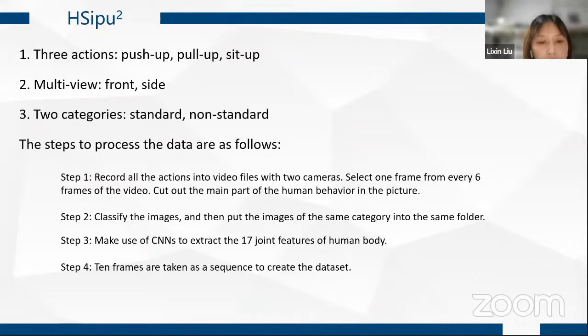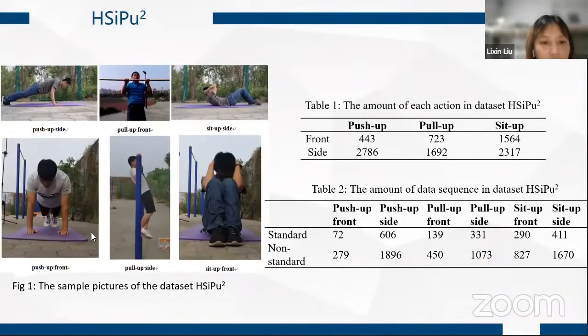Step 4. 10 images are taken as sequences to create the data set. This picture shows sample pictures of the data set, and table 1 and table 2 show the amount of each action in the data set and the amount of the data sequences in the data set respectively.